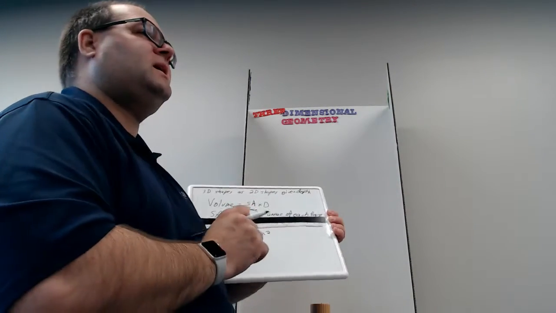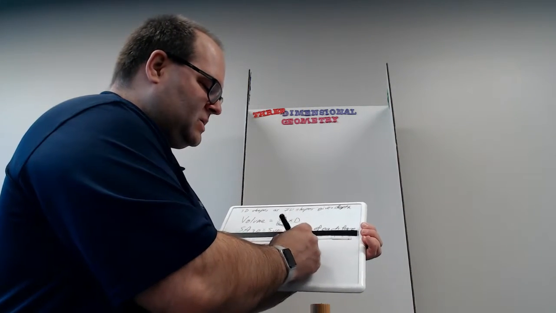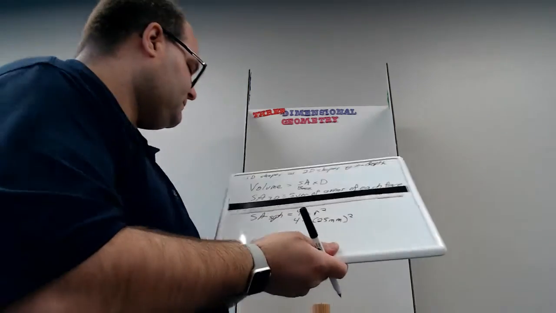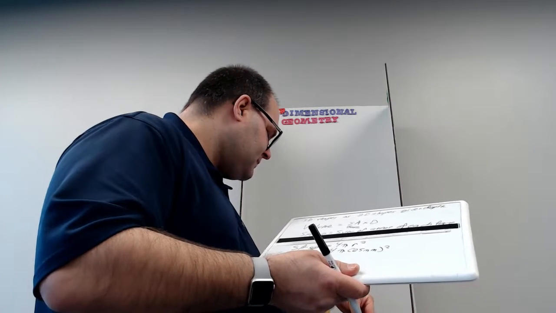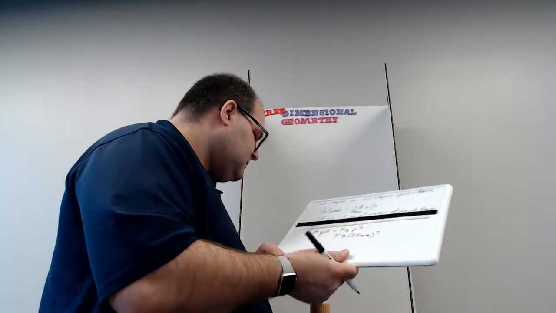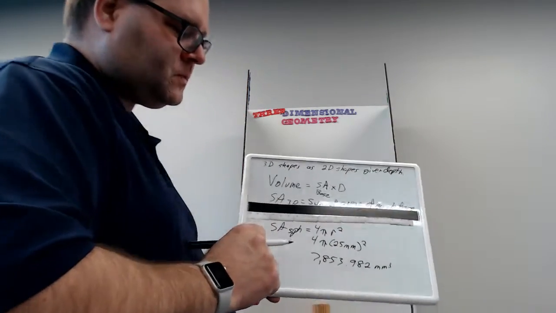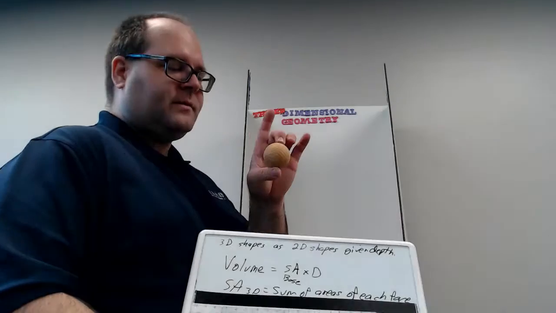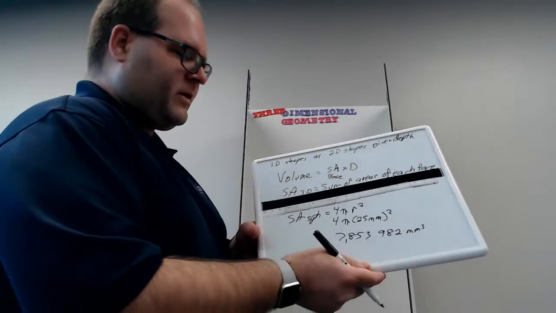So using a radius of 25 millimeters and squaring that, 25 squared times pi times 4 gives us 7,853.982 square millimeters. So the surface area of this sphere is 7,853 square millimeters.